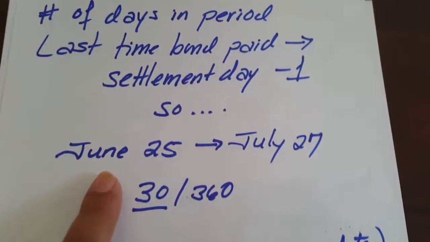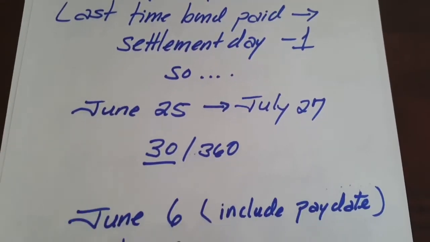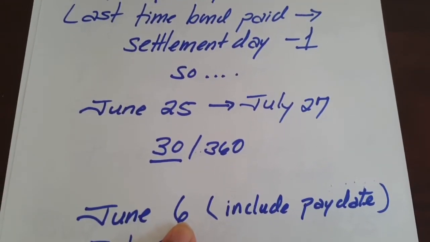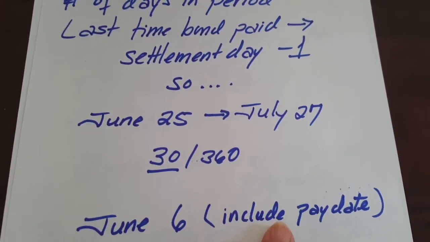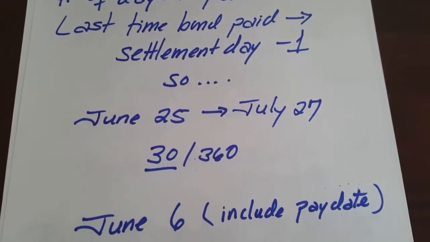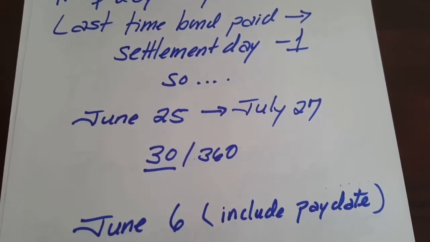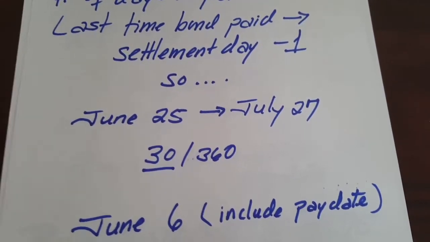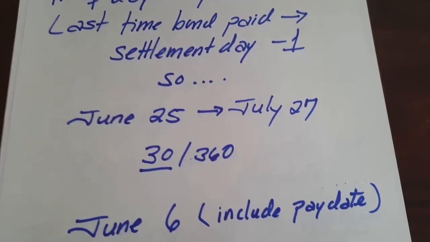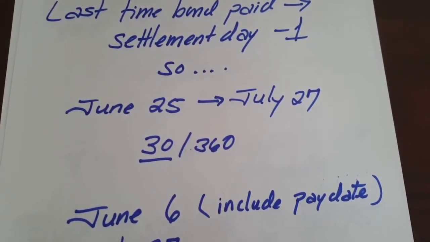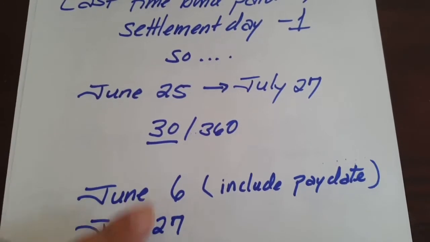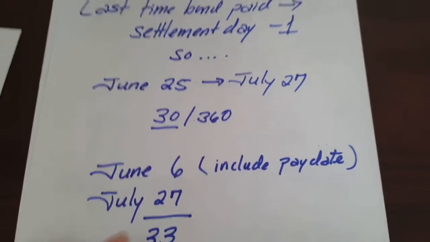So how many days in June? 6. Okay? Why 6? We need to include pay date. Okay? So it is June 25th, 26th, 27, 28, 29, and 30. 6 days. And obviously we have 27 days in July, so 6 plus 27 gives me my answer of 33.